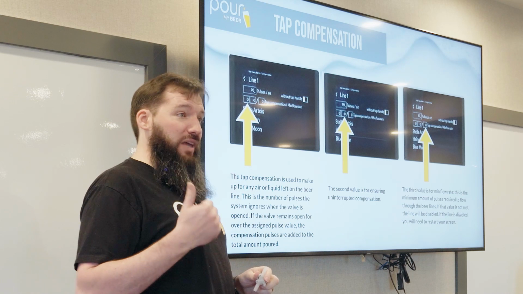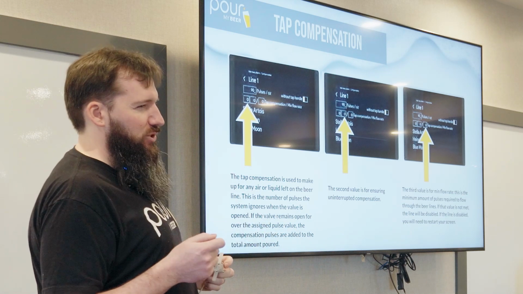What that means is fluid has moved through the line. So as far as the flow meter is concerned, somebody's poured something and it's going to keep track of that. But that means the next person who puts their card on is going to get billed for that pour. Obviously, if it's the person who pulled the handle, great. That's usually not the case.